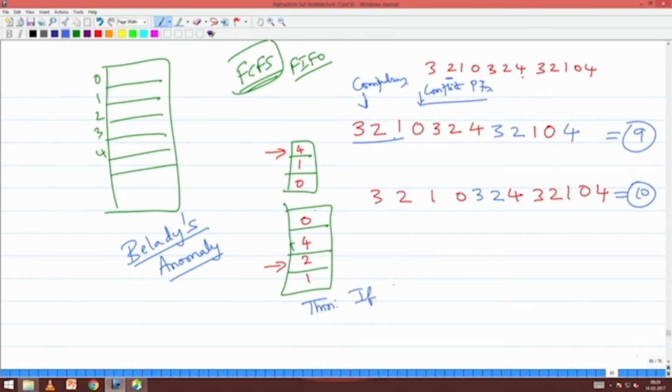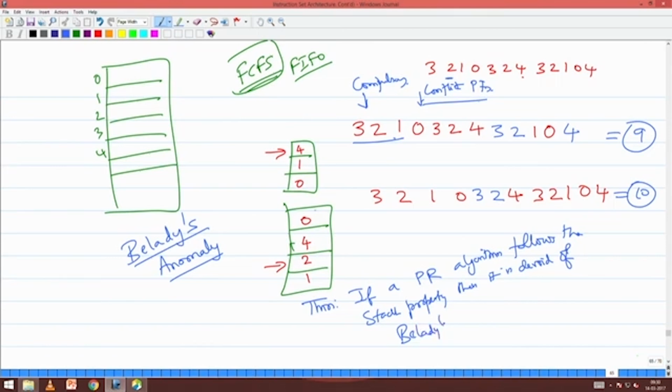If a page replacement algorithm, I will call it PR, follows the stack property, then it is devoid of Belady's anomaly.